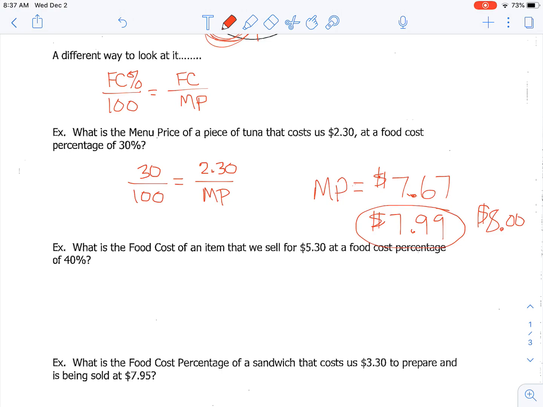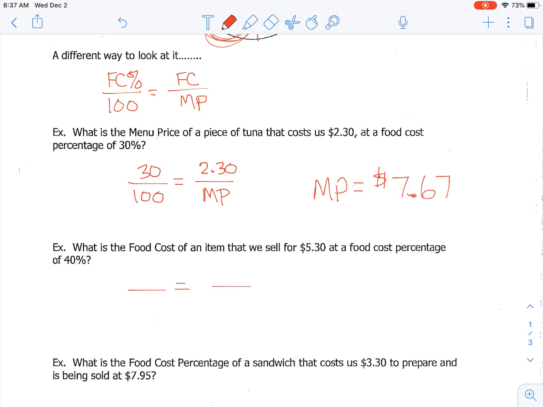I look at $7.99 and still see $8. This calculated price right here is just a suggested menu price. You don't want to go lower than that, but you can bump it up so that it's a nice even number. I mean, very rarely will you see something on the menu for $7.67.